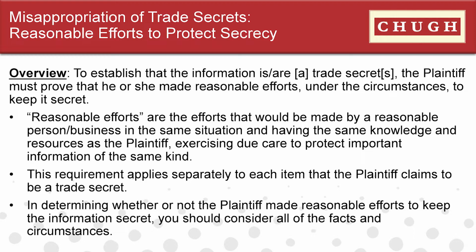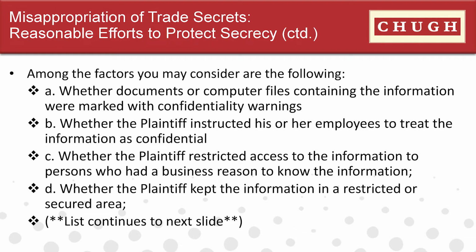It might be a trade secret with respect to Popeyes chicken, but it's not a trade secret with respect to a chicken manufacturing company. So again, here are some of the factors we consider to assess reasonable efforts. You have to look at factors because reasonable efforts is a very subjective standard, right?